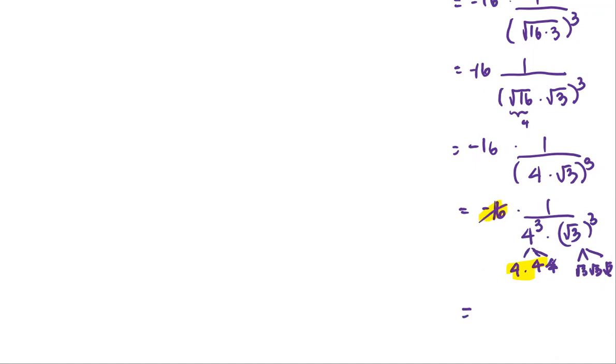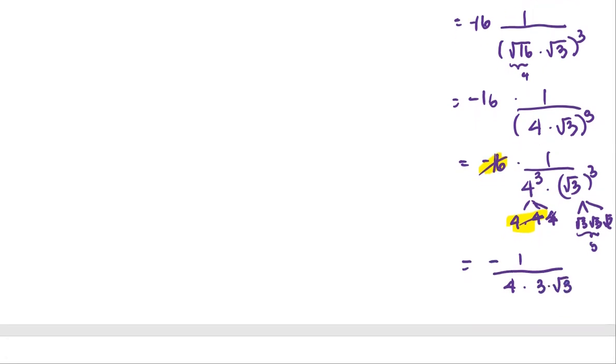Since the negative 16 and the 64 reduce, it becomes negative 1 over 4 multiplied by the product of square root 3 and square root 3, which is 3, multiplied by square root 3. That is from the third power of square root 3. After that, you can simplify more: 4 times 3 is 12. So we have negative 1 over 12 multiplied by square root 3.